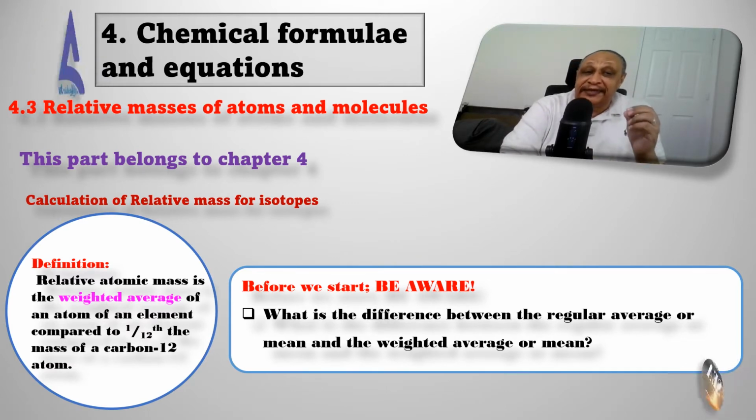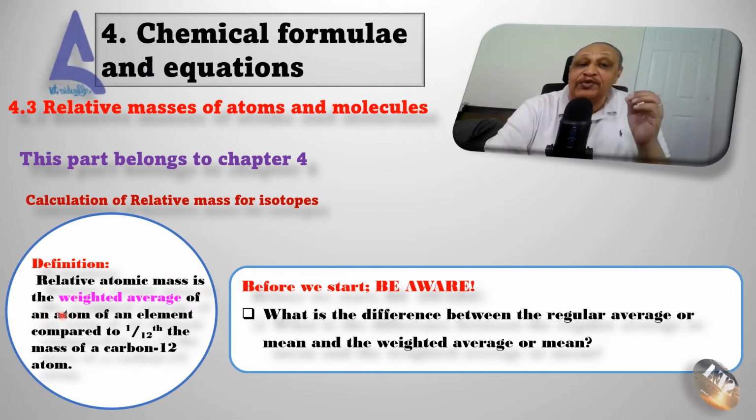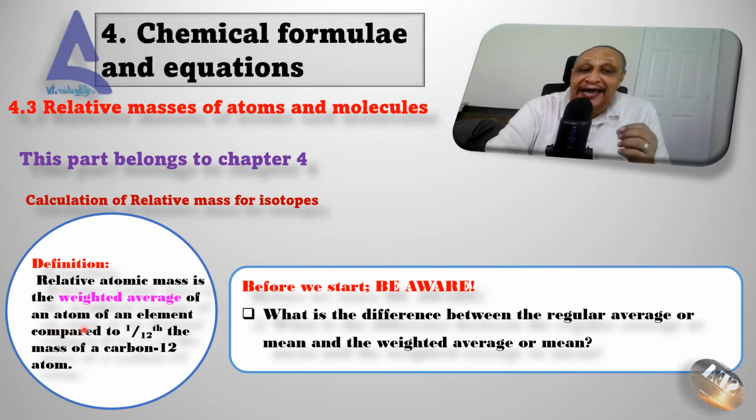Our definition is like this: relative atomic mass is the weighted average of an atom of an element compared to 1/12 the mass of a carbon 12 atom.